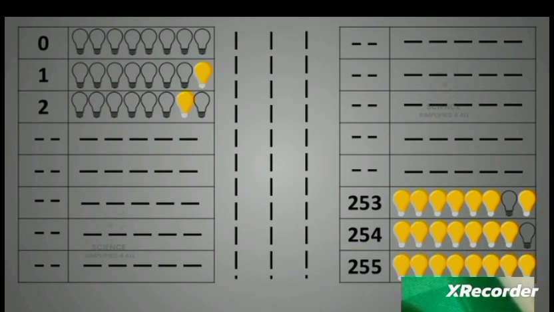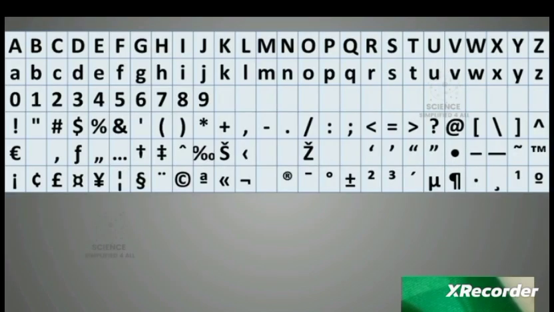All the other states in between represent the numbers from 1 to 254. With these 256 combinations, we can represent everything that qualifies as text. Capital and small English alphabets, numbers from 0 to 9, punctuation marks like full stop, comma, apostrophe, and even special characters such as number sign or asterisk.